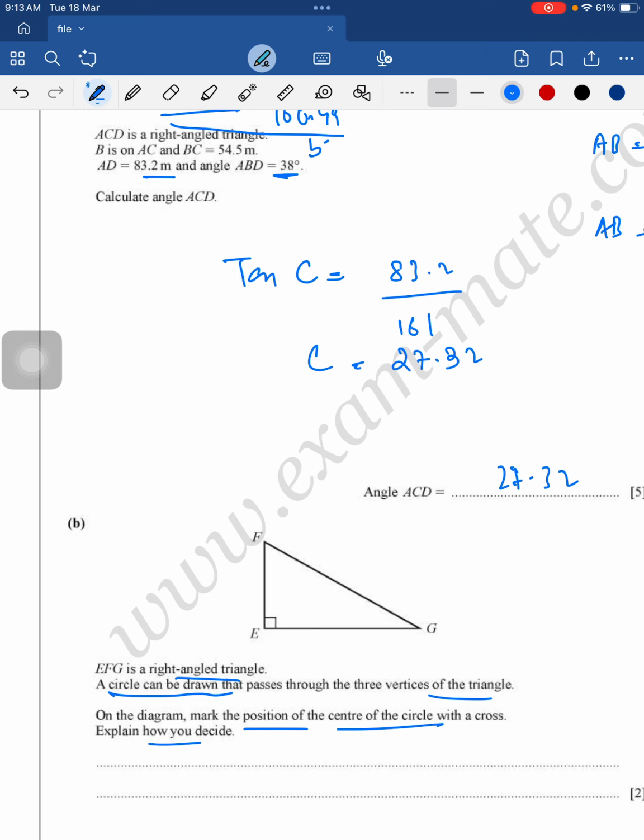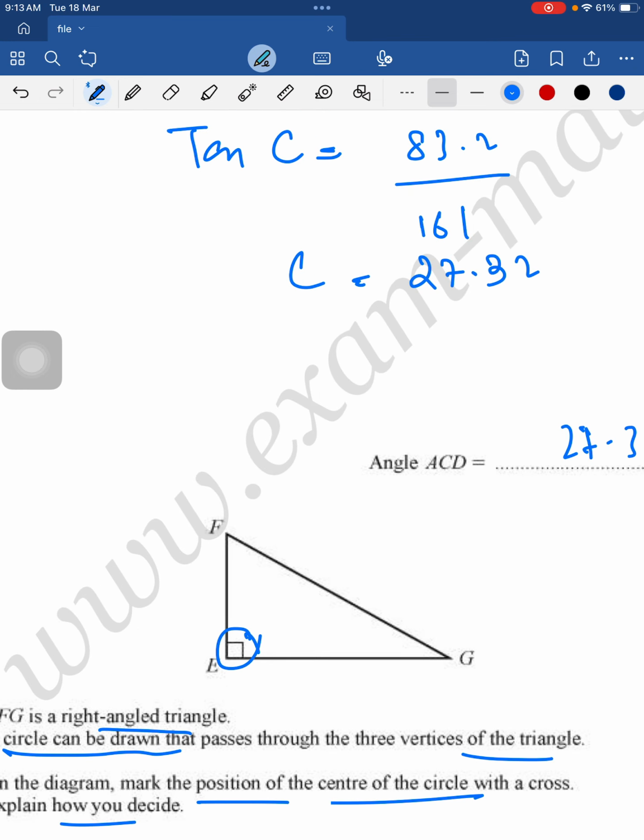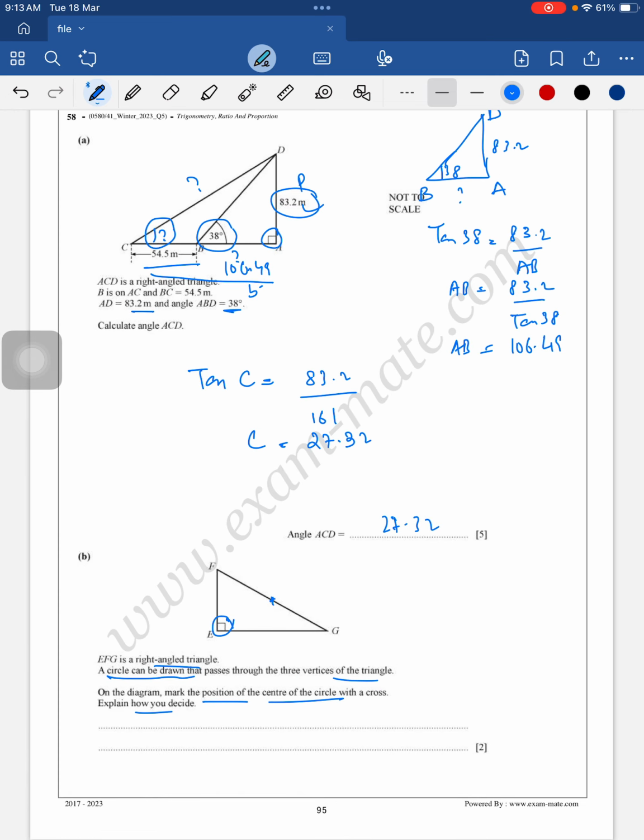You all know that this is a right angle triangle, right? It is containing the right 90 degree. This is a property of a circle that whenever from diameter the angle is made, it is 90 degree. So it means that the center of the circle would be the midpoint of the line FG. That would be somewhere here. Clear? Okay.